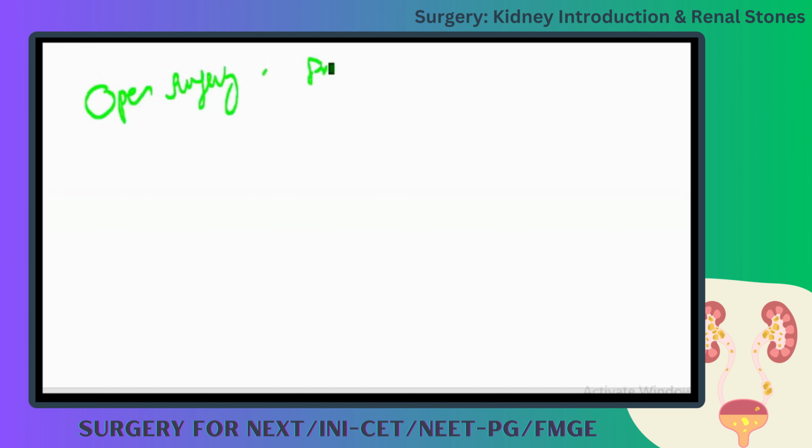Even for an 8 mm stone, they used to open the abdomen, go into the retroperitoneum because it's not in the peritoneum, open it, and take the stone out. This used to be the process in earlier days. But nowadays, we have minimal invasive options, minimal invasive surgery.